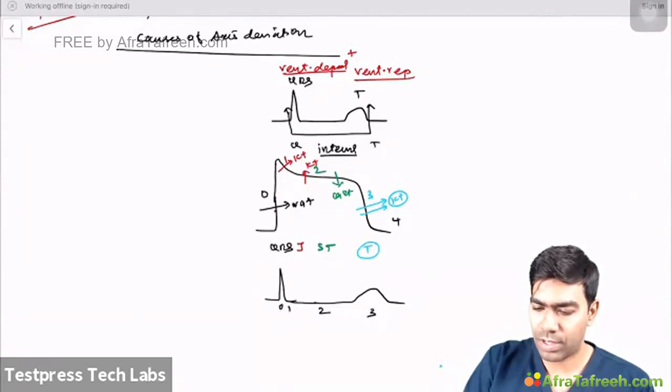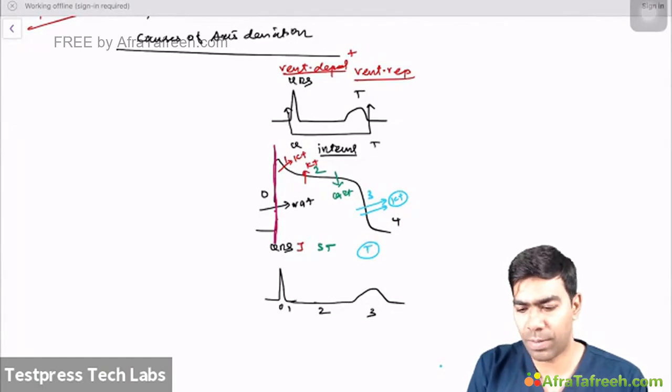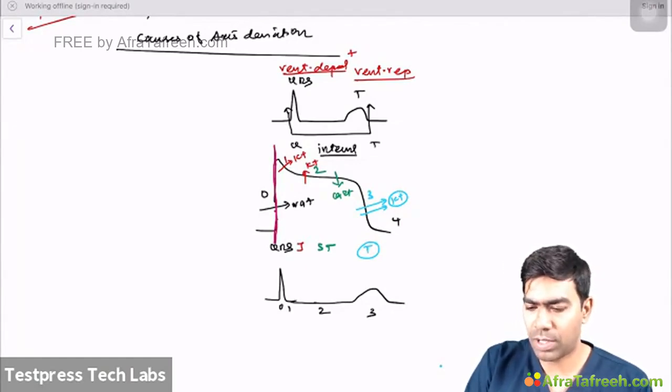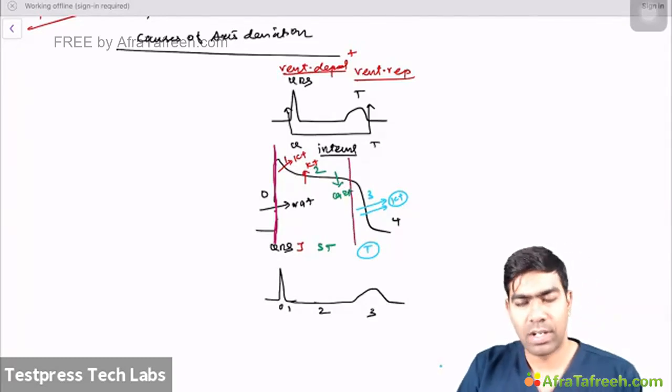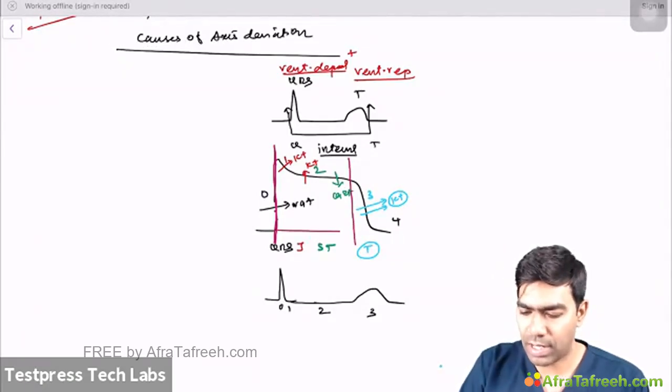So first, if you start from the QRS complex from this zone and go till the end of the second phase of the action potential, we generally call it the absolute refractory period.